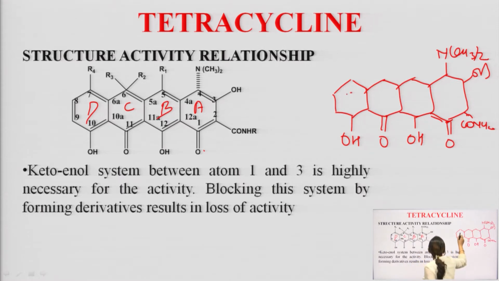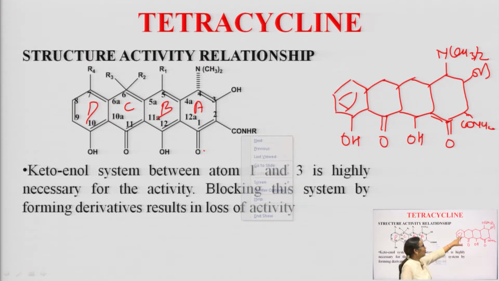We have seen in our previous lecture that at least you should know the things present in tetracyclines: 4 rings, alternate ketonic and alcoholic groups, then the CONH2 amide linkage, then the OH group, and then the very important dimethyl amino group.